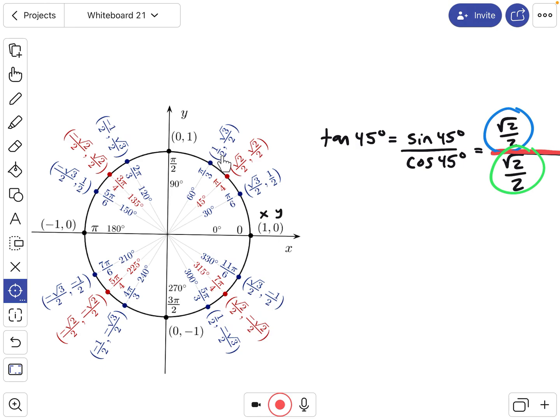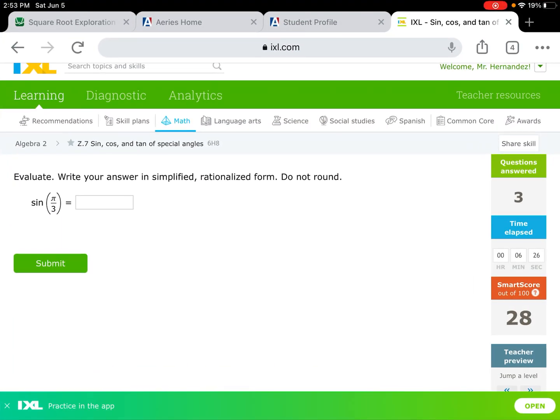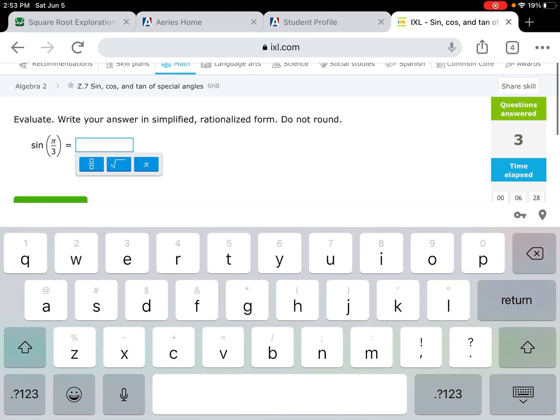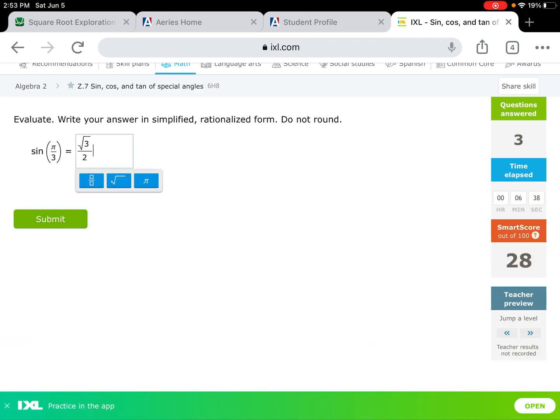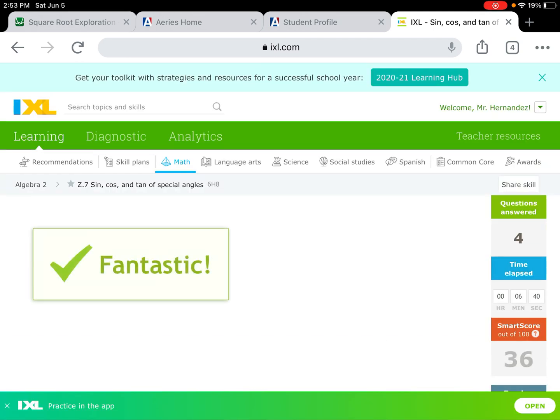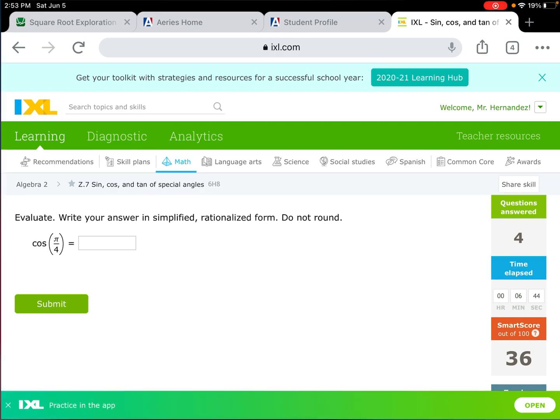Because the x coordinate is the cosine and the y coordinate is the sine, and so the sine of pi over 3 is going to be square root of 3 over 2. And I forgot to put the square root of 3 here. Okay, and that's pretty much it.